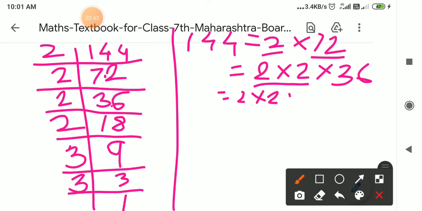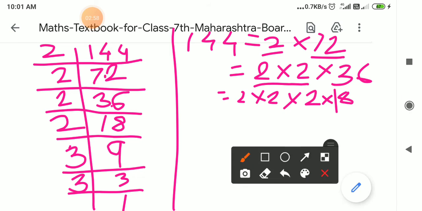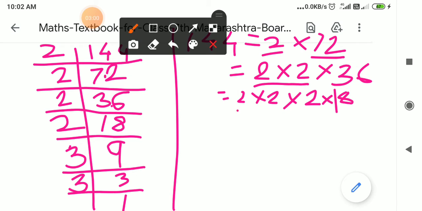Now 36 again is divisible by 2. So 18 2s are 36. So here instead of 36 you write 18 2s are 36. Okay, so 2 into 2 and 36 means 18 2s are 36. Now the next step is, these 2s that are there, write them first.